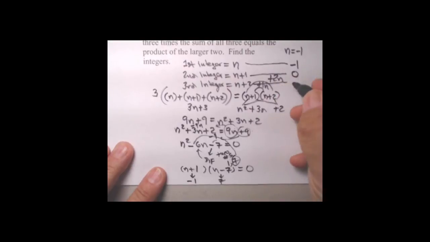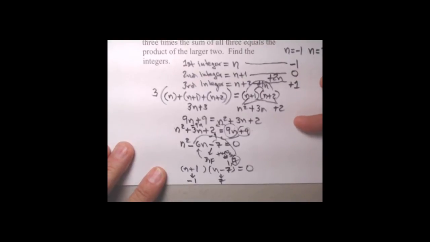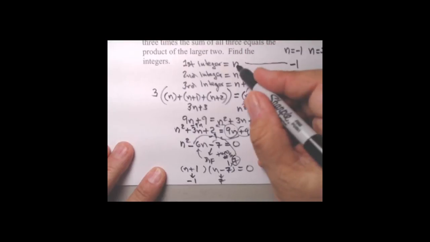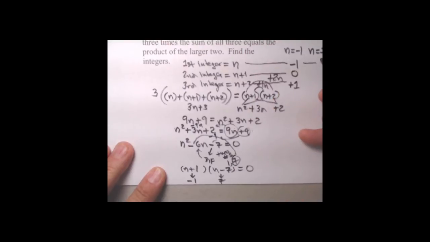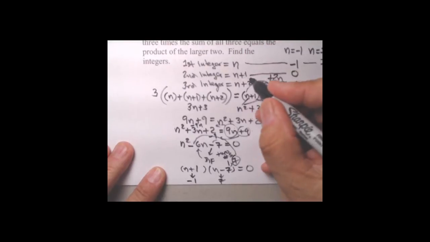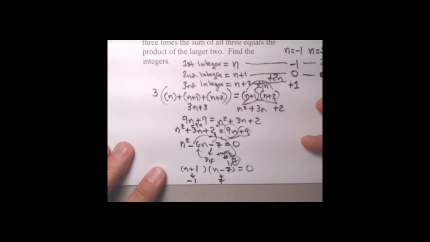I add 1 to that to get the third guy, and that gives me +1. Now, likewise, if n equals 7, that's the other possible answer we got here. So the n is 7. The next guy I add 1 to, that means 8. The next guy I add 1 to the last guy, that means 9.